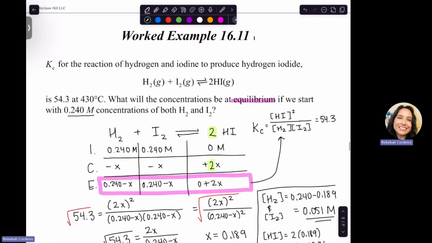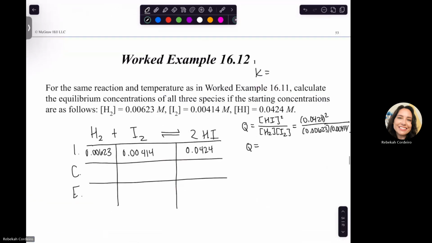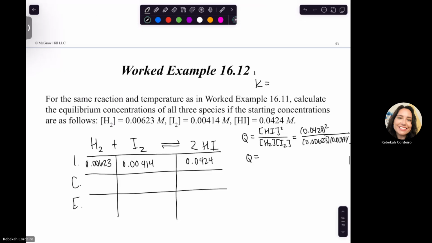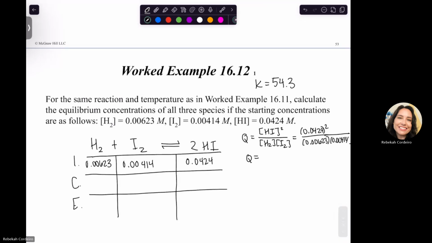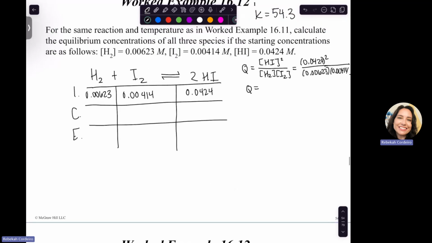They gave us K up here for the same reaction as 54.3. So when we calculate this, our Q is 69.7.